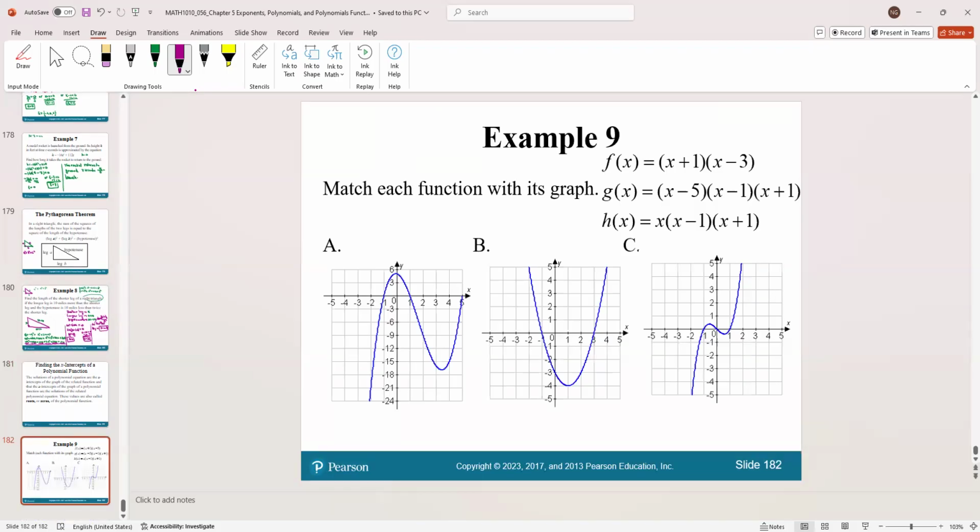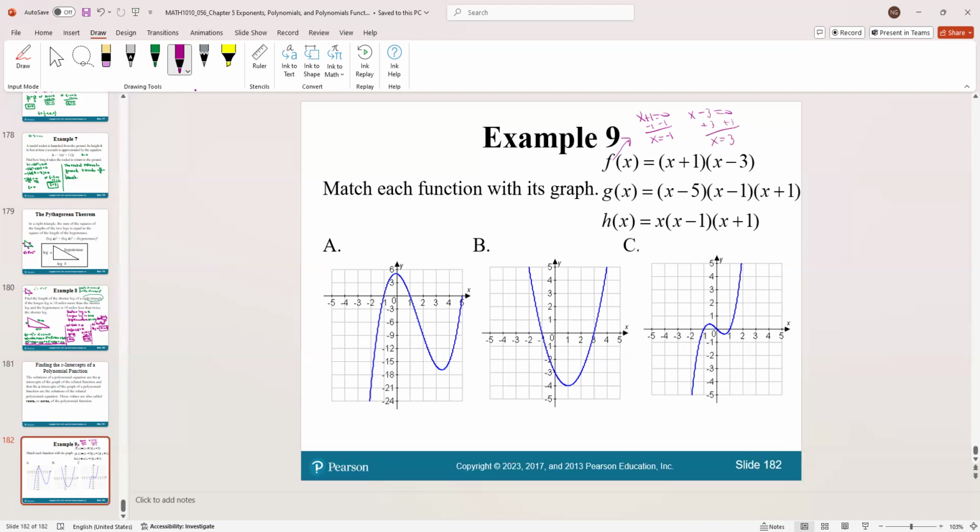If we ask you to match each equation with its graph, the first thing to do with the first option, f of x, is set each factor equal to 0. x plus 1 equal to 0, subtract 1 from both sides, x equal to -1, and x minus 3 equal to 0, add 3 to both sides, x equal to 3.